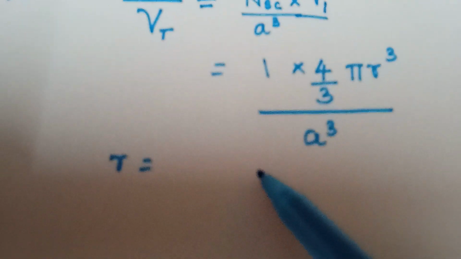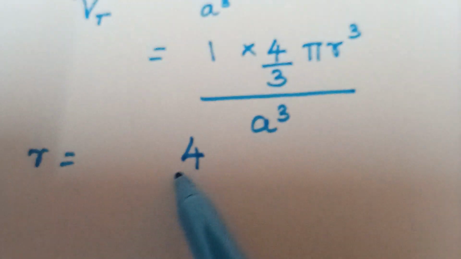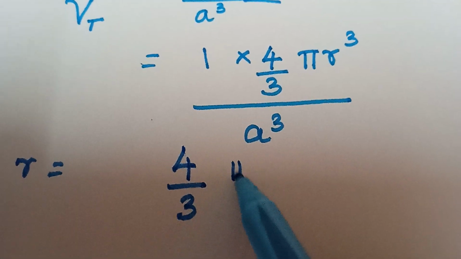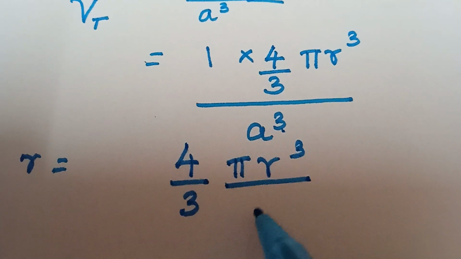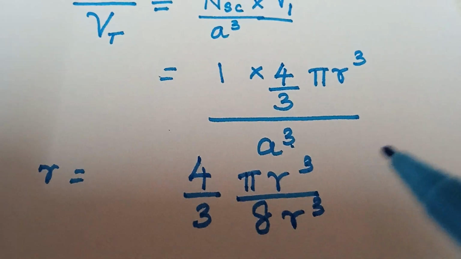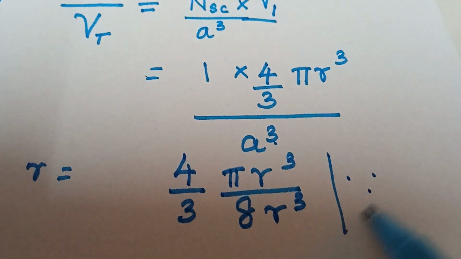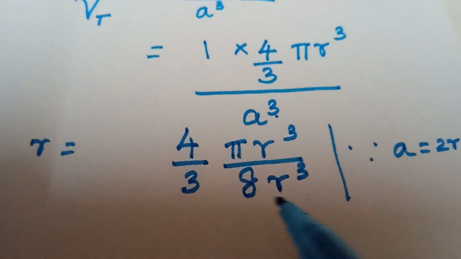Now we are going to substitute that here. Therefore in the numerator we have 4 by 3 pi r cube, and A cube is taken as 8 r cube because A is equal to 2r.